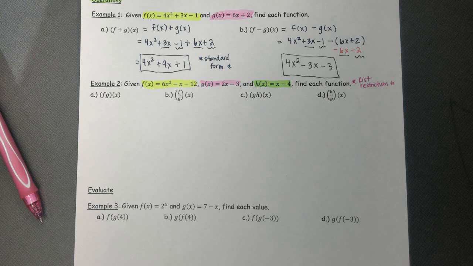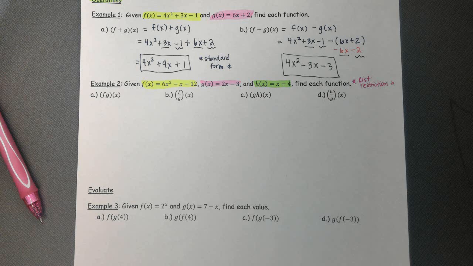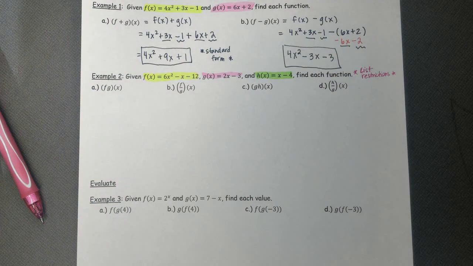So we've talked about the domain this year. A lot of times, whenever we've had polynomials, do you guys remember what the domain was? All real numbers. Okay? The only time it's not going to be all real numbers is if you have a few situations. Do you guys remember any situations, like where you get error on your calculator? What are situations on your calculator where you've tried to do something and it says error?